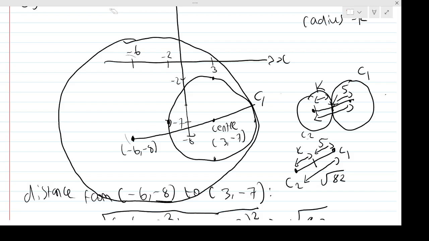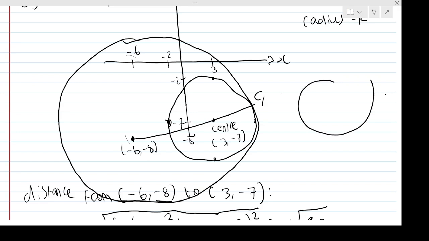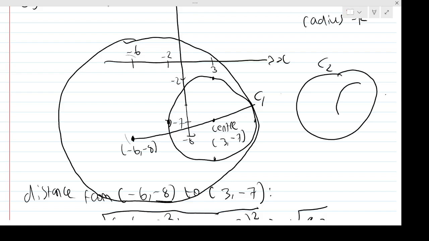So what I have here then is, in this situation, if I get rid of this, draw in here, the situation I have here, when it starts to become bigger than the circle C1, is here. There we are. So that's the whole of C2, and C1 there, and has like 1 cut off intersection point there.